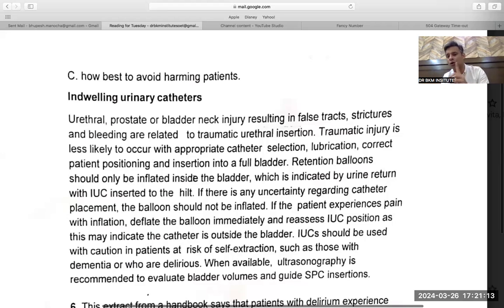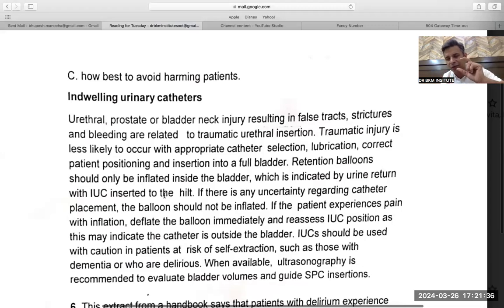Retention balloon should only be inflated inside the bladder, which is indicated by the urine return. So the balloon should be inflated only when they are inside the bladder, which is indicated by the urine return with the IUC inserted to the head. This is an extra word. I won't overread it, but I can understand this line.